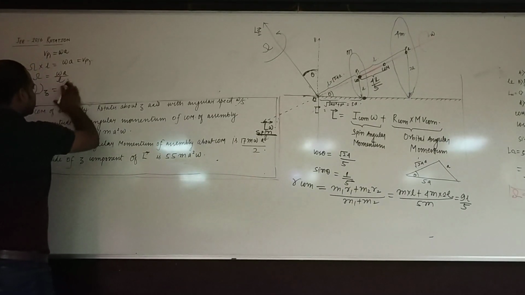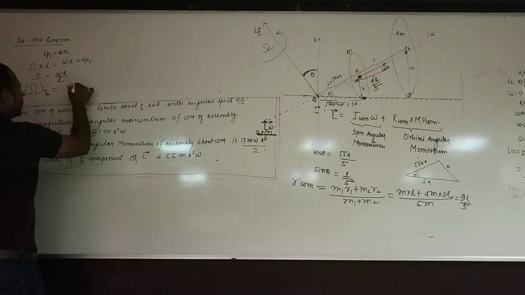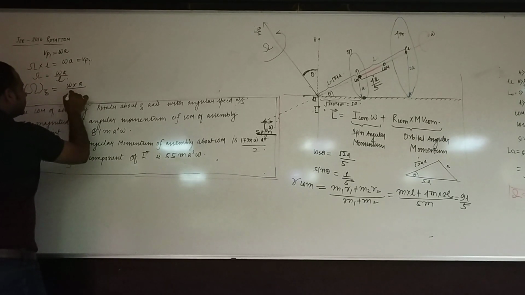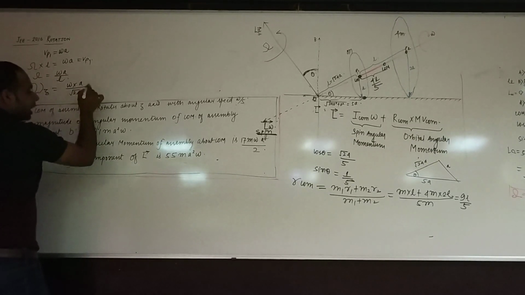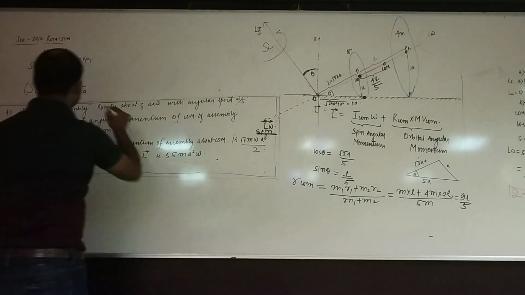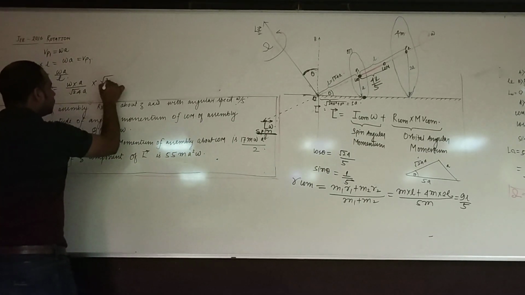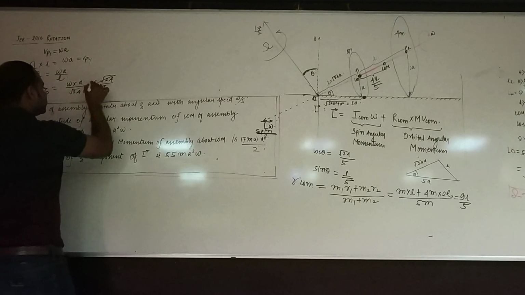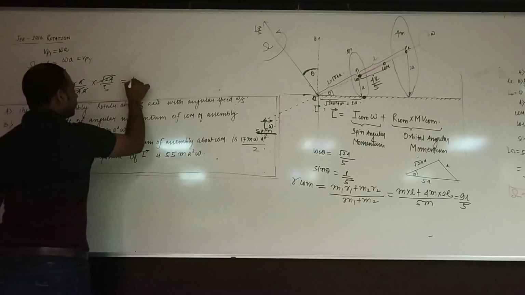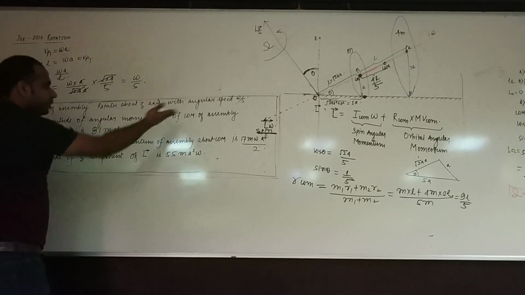We will substitute this. The value of omega A upon L is root 24 A, and the value of cos theta is root 24 upon 5. So A gets cancelled, and we are left with omega by 5. So this comes out pretty well.